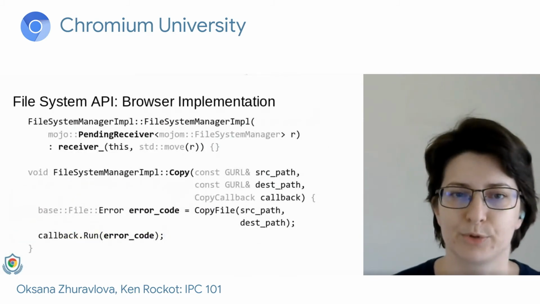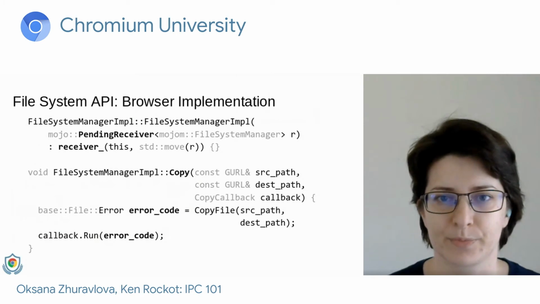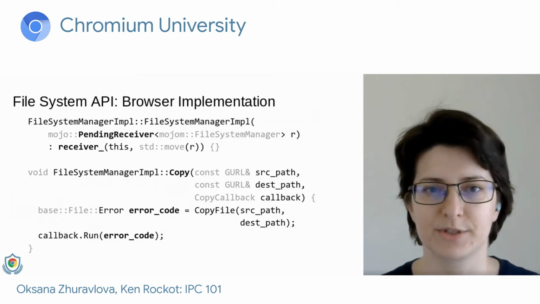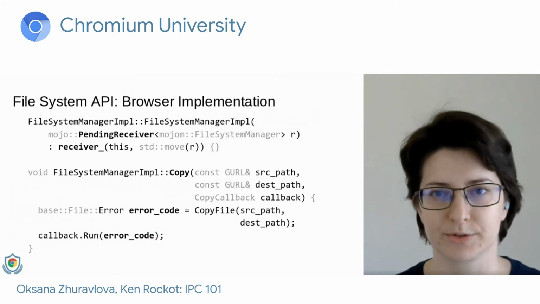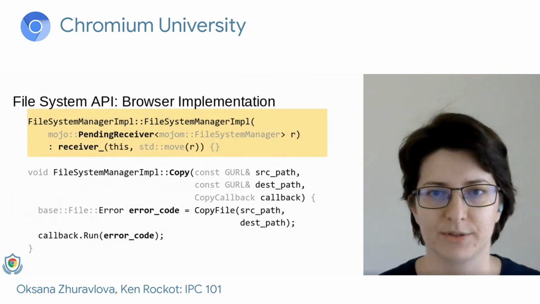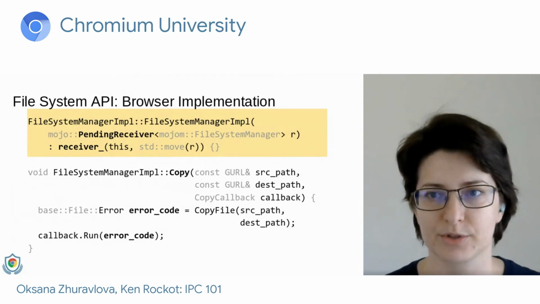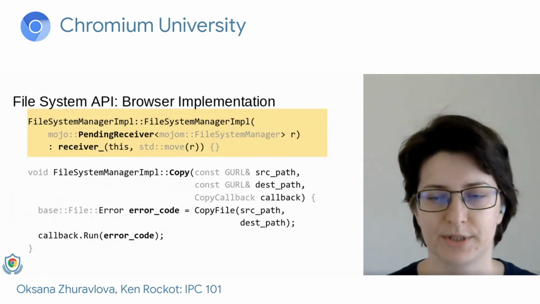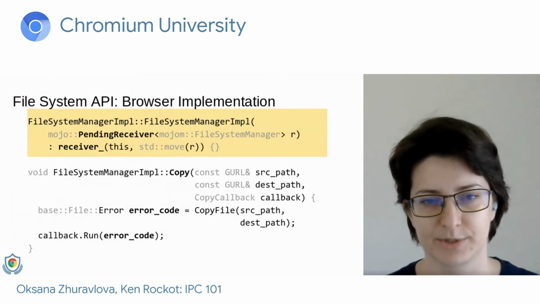Let's take a look at a possible implementation for our class. First, we need to set up the receiver so that it can start accepting messages and translating them into method calls. A common pattern is to have a constructor that takes a pending receiver as a parameter and then uses it to initialize the class's receiver instance. So the pending receiver that we send from the renderer will become tied to this implementation.